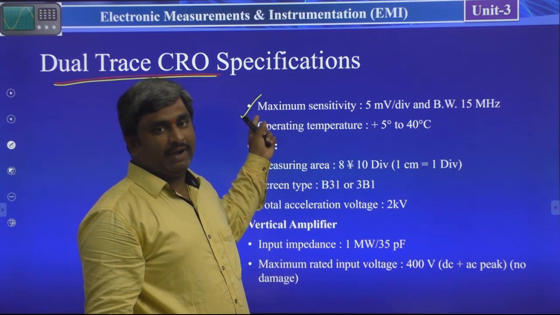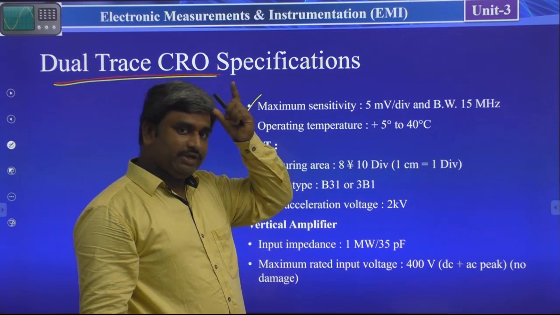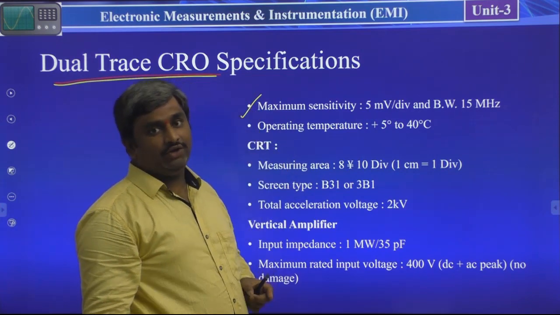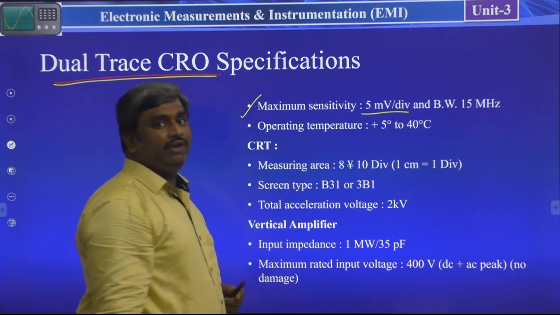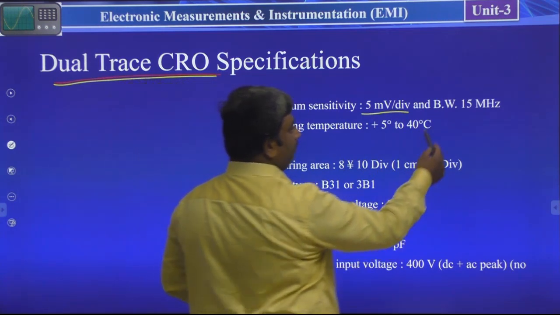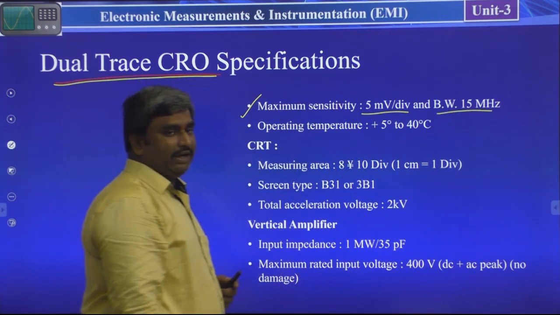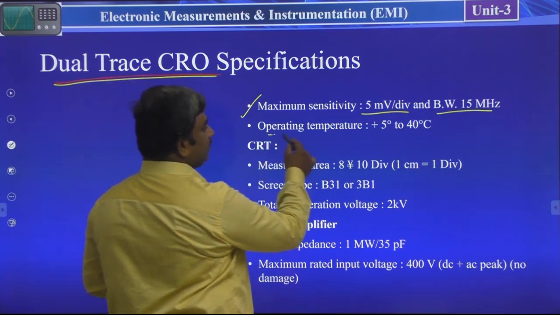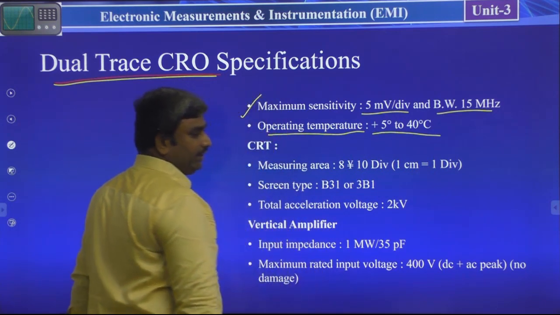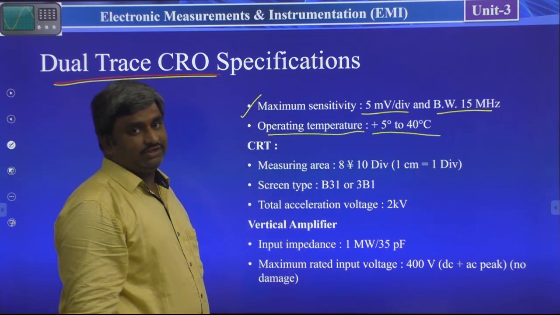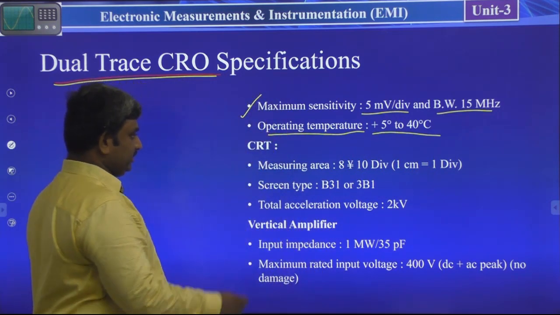We represent the sensitivity and bandwidth with the parameters of gain and frequency. The gain is 5 millivolts per division and the bandwidth is 15 megahertz. Next, its operating temperature is plus 5 degrees centigrade to 40 degrees centigrade. That is, it does not work at lower temperatures.